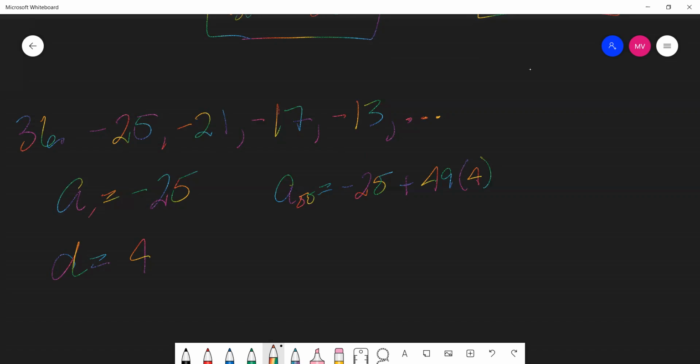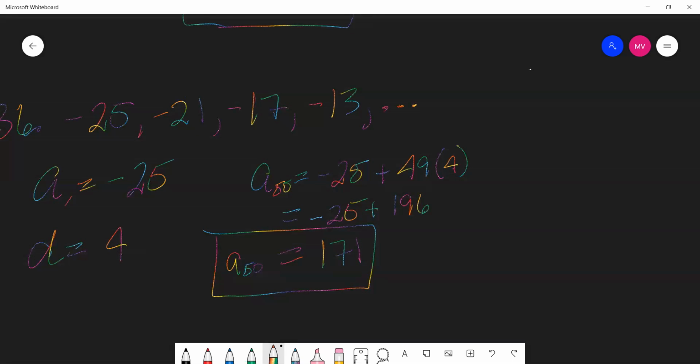So 49 times 4 is 196. So negative 25 plus 196 equals what? You got it right. In my book, all right, so the term at position 50 has a value of 171.